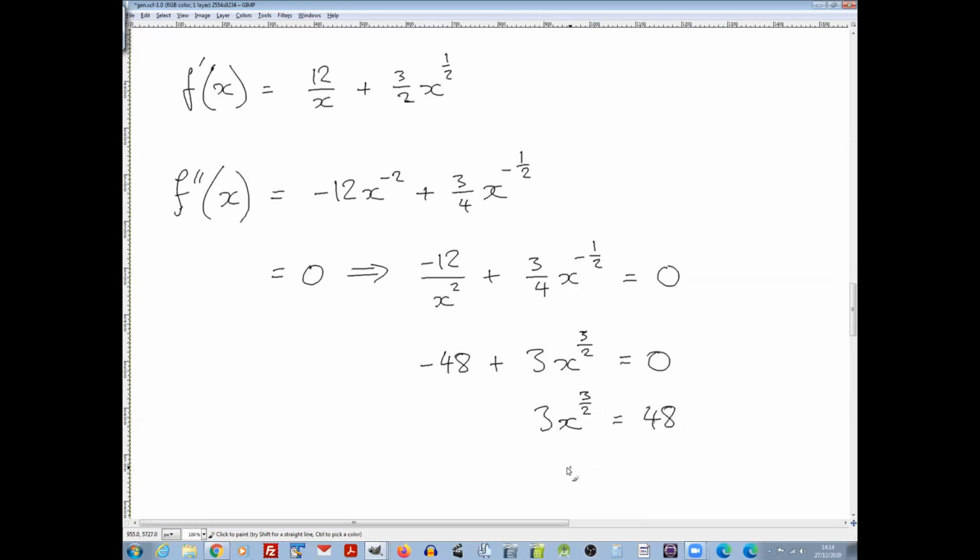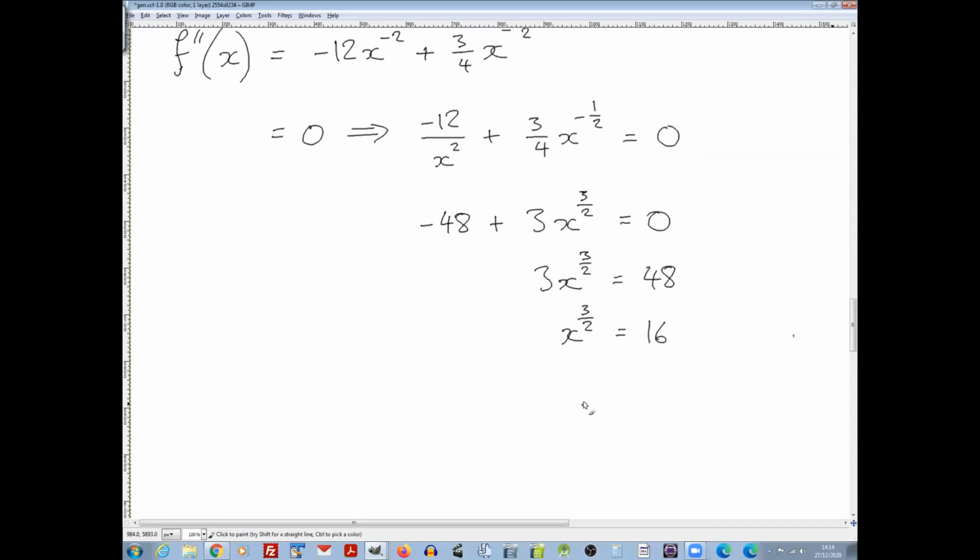Keep going. And then x to the 3 over 2 equals 16. And then x to the half equals cube root of 16.